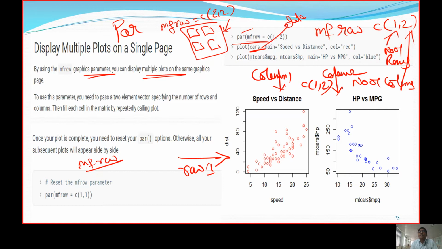Cars is going to be the data set, and main is going to be the caption, or you can call it the title, and it is going to be displayed with a color. So we are going to draw a graph between the mtcars data set and the attribute MPG. So this is the data set, and HP is going to be an attribute here. One is going to be in red color, another in blue color. You are mentioning these items. So everything is purely in a plot function.